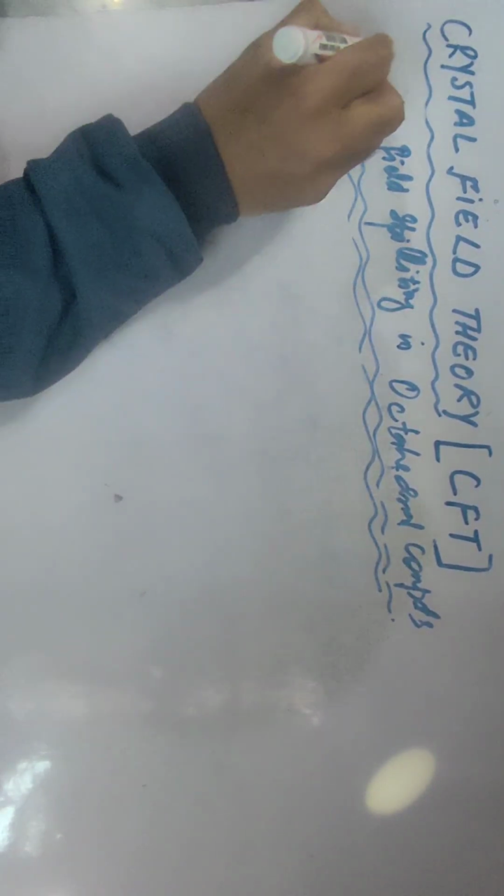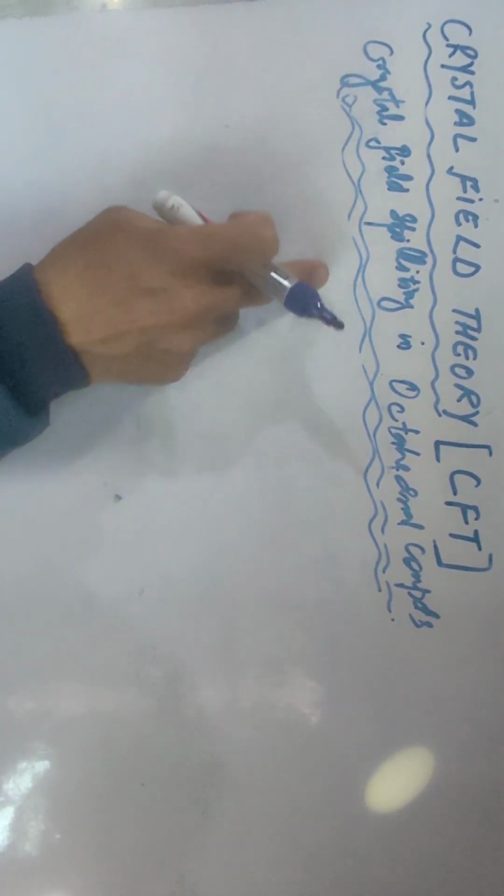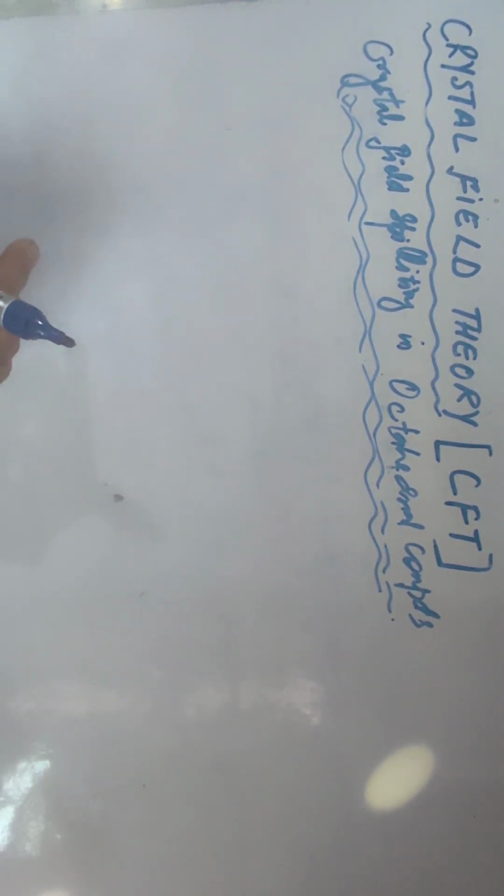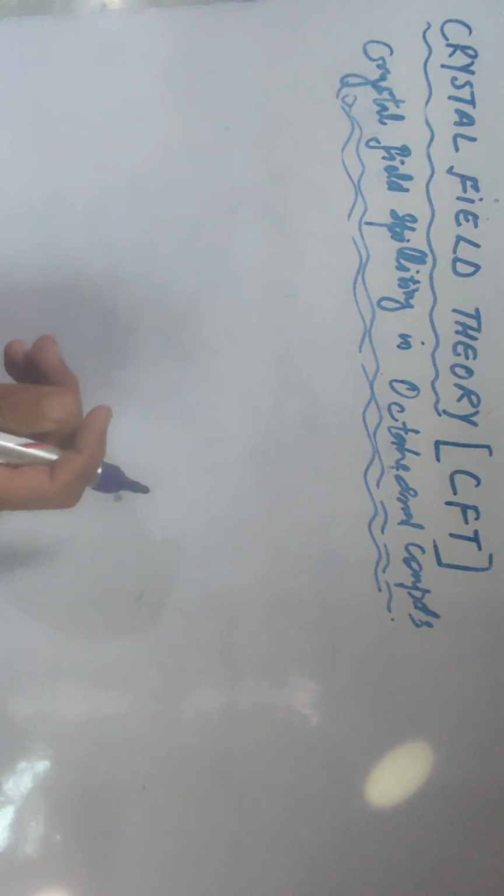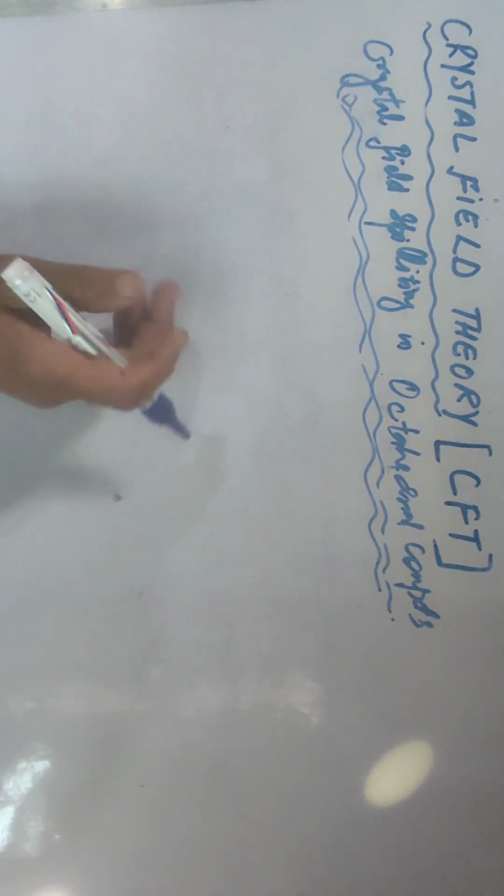Now, in the light of these postulates, we will first take into consideration the crystal field splitting in an octahedral complex. Under the influence of the ligands, the d metal orbital has a degeneracy, that means all the d orbitals have the same energy.